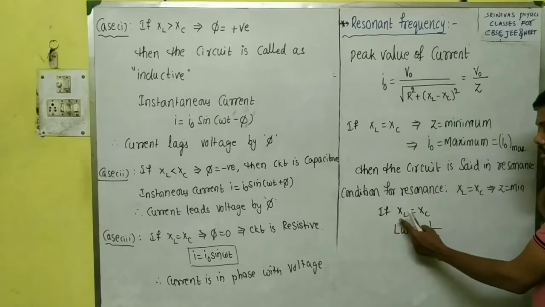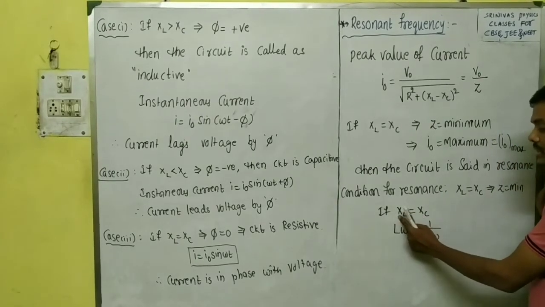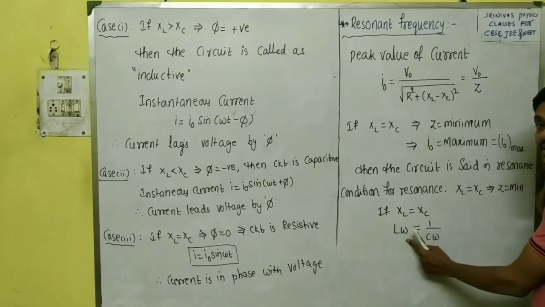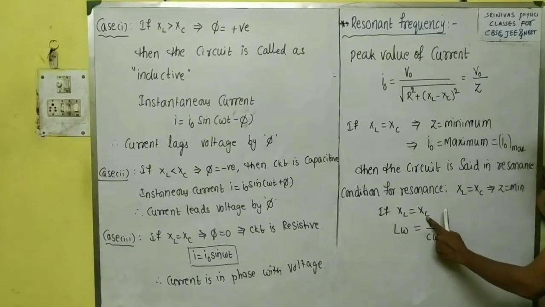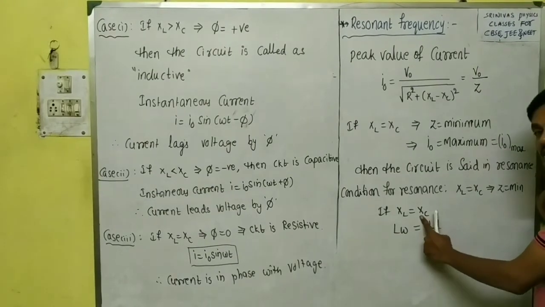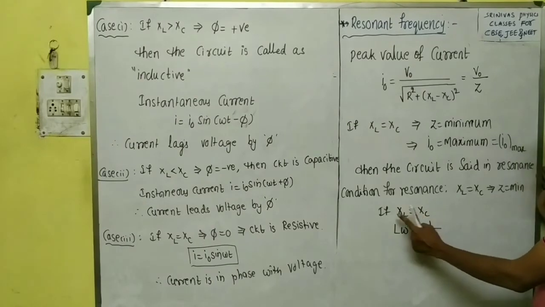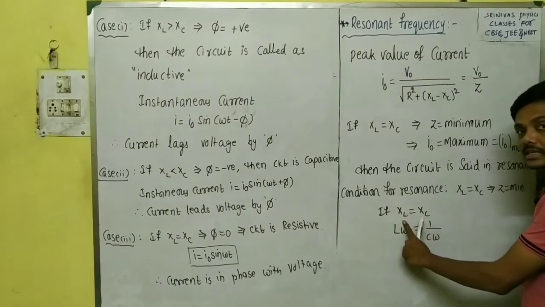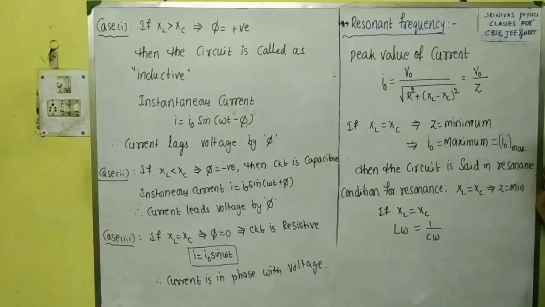XL is the inductive reactance, the resistance offered by the inductor to the flow of AC. XC is the capacitive reactance, the resistance offered by the capacitor to the flow of AC.